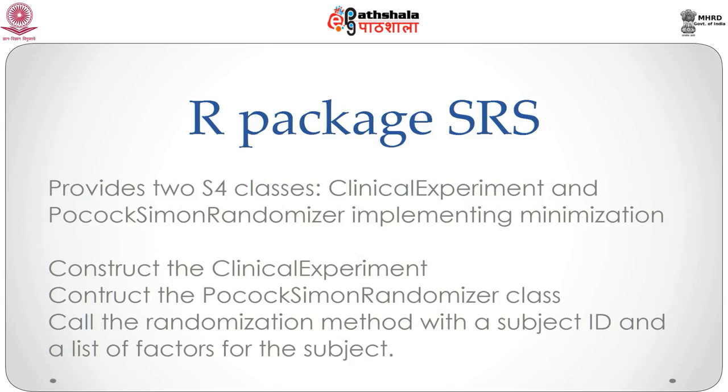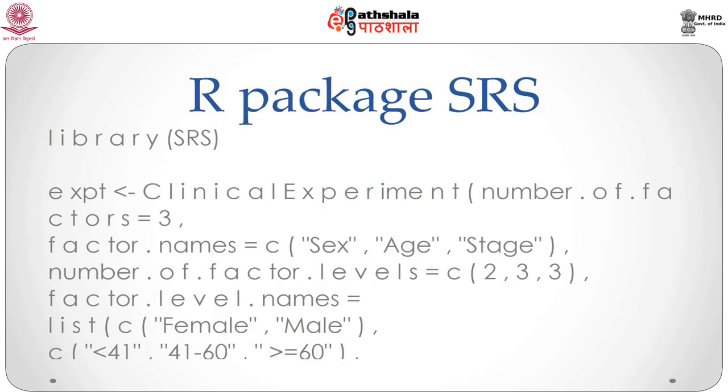Here we are calling library(SRS). We construct the experiment as a ClinicalExperiment. The number of factors is 3. The factor names are c("sex", "age", "stage"). The number of factor levels is c(2, 3, 3). The factor level names is a list containing c("female", "male"), c("<41", "41 to 60", ">=60"), and c("1", "2", "3"). The number of treatments is 2, and the treatment names are A and B.